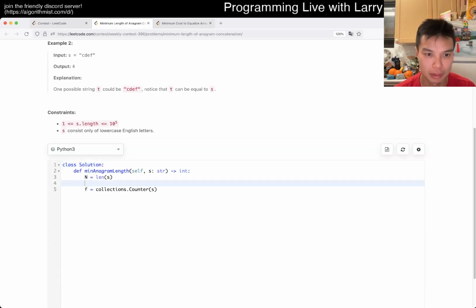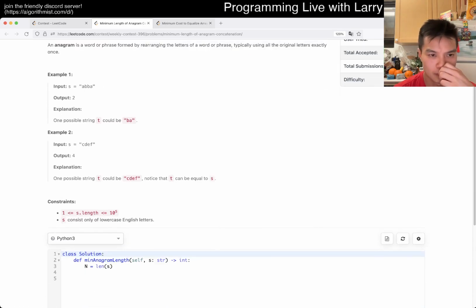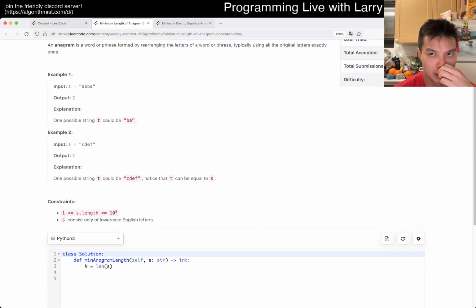I don't think this is right, but that's fine. Let's binary search a little bit. Is it fast enough? Yeah, it is. Okay, fine.